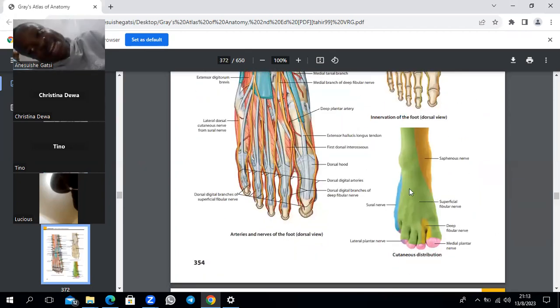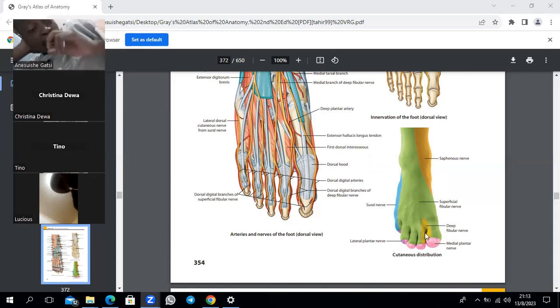In terms of sensory innervation, remember I was saying superficial and deep peroneal nerve, they are passing on to the dorsum of the foot. Superficial peroneal nerve, also called superficial fibular nerve, innervates the greater part of the dorsum of the foot, except this cleft here, the cleft between the big toe and the second toe. So the cleft between big toe and second toe is innervated by the deep peroneal nerve.